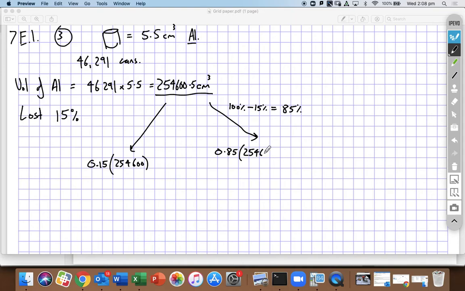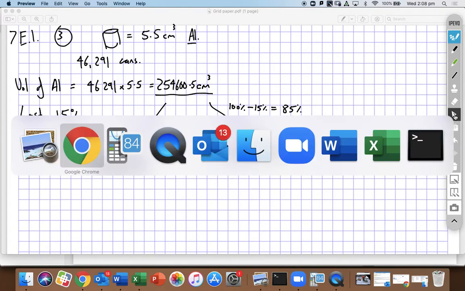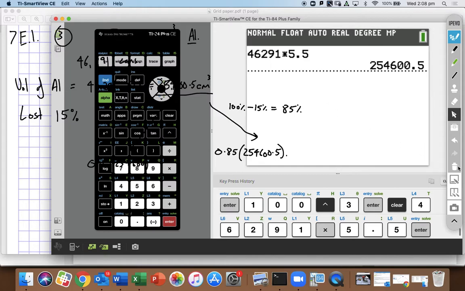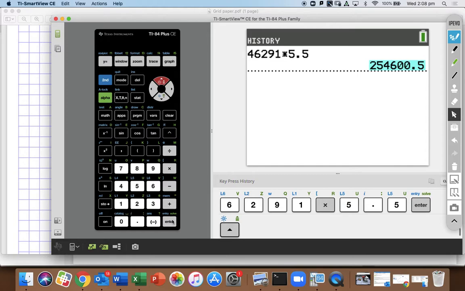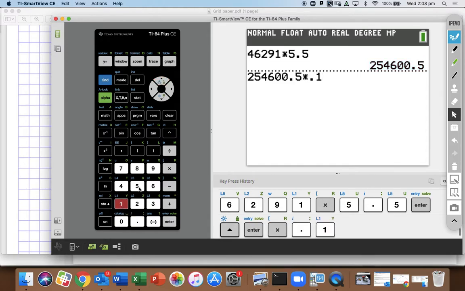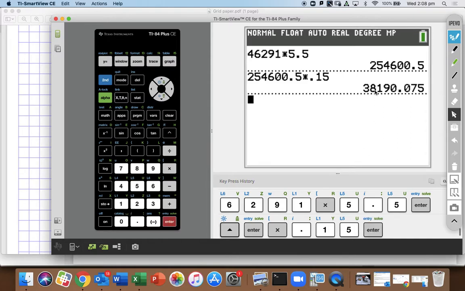254,600.5. Okay, so let's have a look at that on the calculator. All right, and I'll just hide all the writing I've been doing. So if I take this number, multiply it by 15%, okay, 38,190.075 cubic centimetres of aluminium.